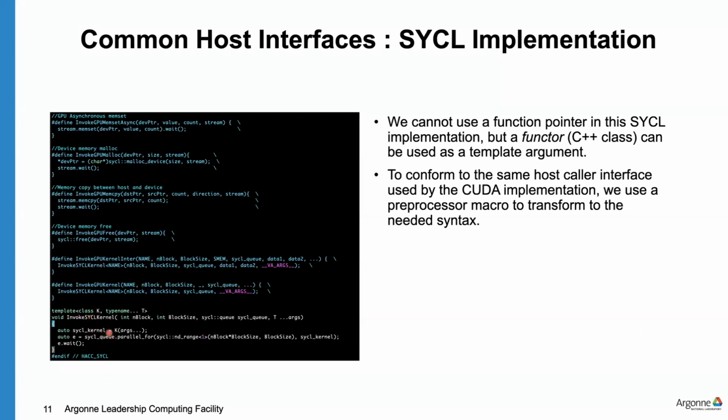Inside here, instead of the triple chevron kernel launch of CUDA, we have our SYCL parallel for and all of the associated arguments needed to launch that kernel. So now through this common interface, we can launch CUDA kernels and SYCL kernels in a way that's similar to the host.